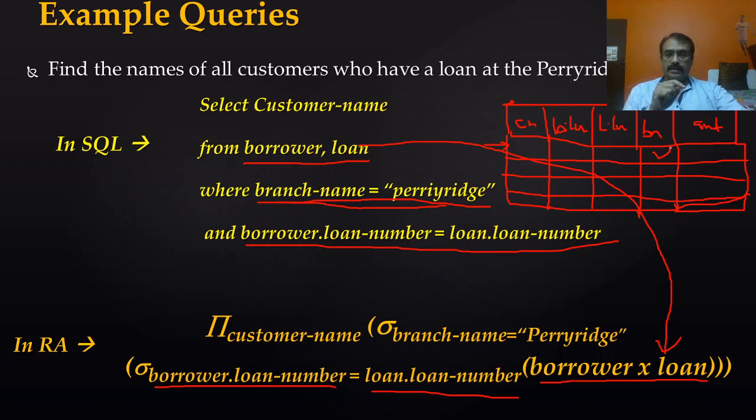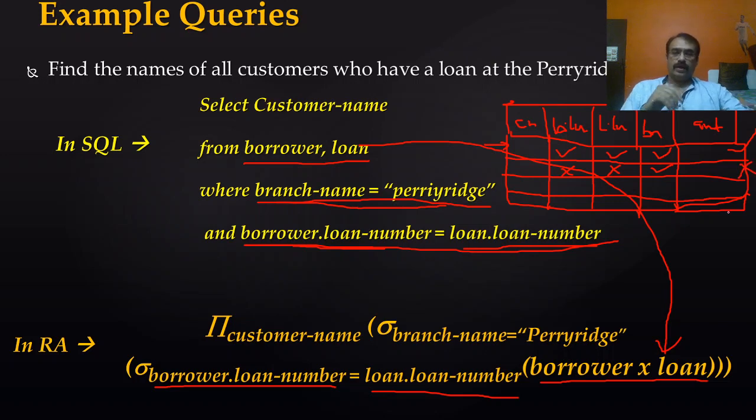Let us say yes, and if yes, then let us check whether borrower dot loan number is equal to loan dot loan number or not. If the entries are equal, then only this particular row will be selected. In case branch name is Perry Ridge and these two are not matching, this row will not be selected.